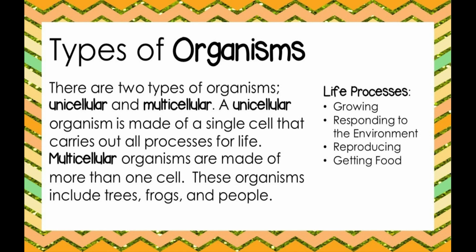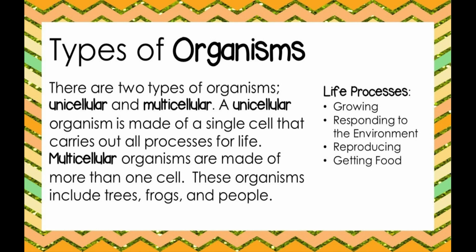Going back over, uni means one, so unicellular is a one cell creature or a one cell organism. Multicellular, multi means more than one. So multicellular, they have more than one type of cell. So unicellular, they are just made of that one cell, and it carries out all the life processes.